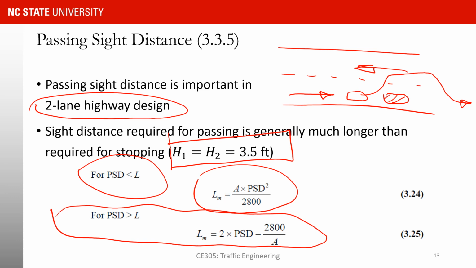So what is 3.5 feet here? So after drawing this car, that 3.5 feet is the height of the car. So that's what we are assuming here. H1 equal to H2 is the height of a car in either direction.